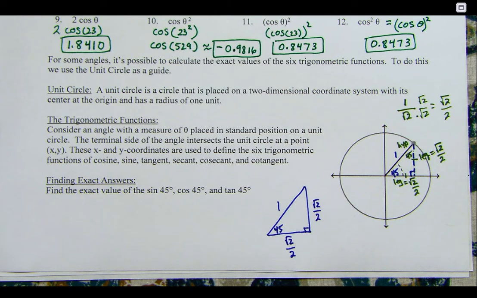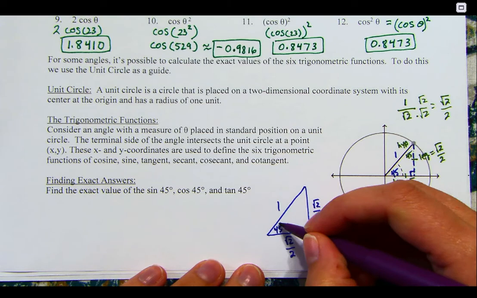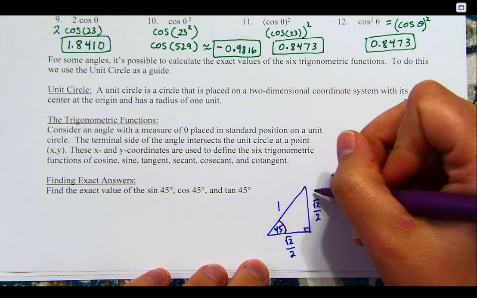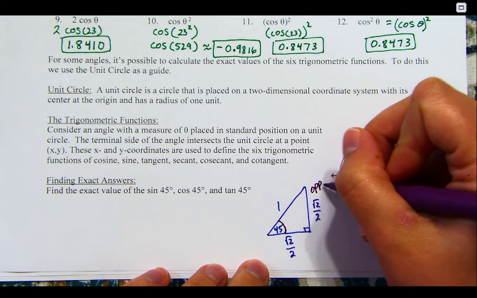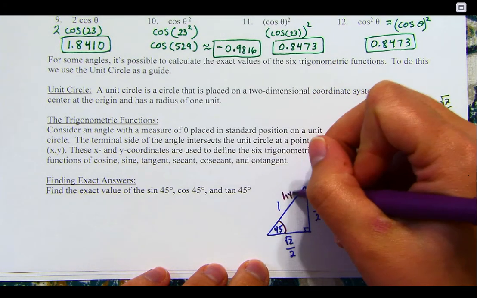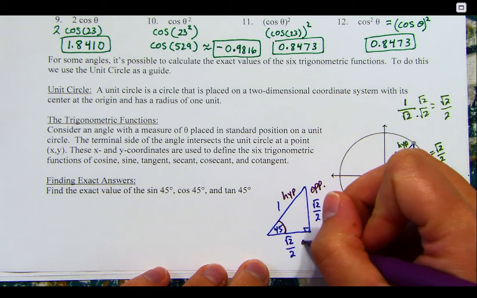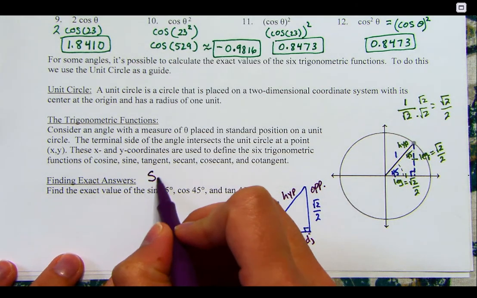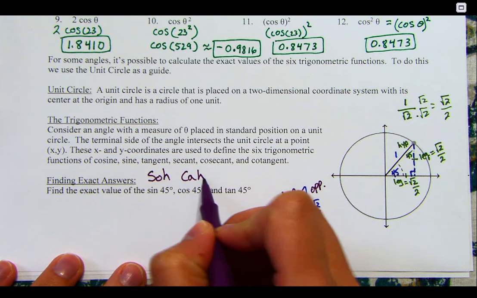Okay. Now, to find our exact values, this is just like solving our triangles. Okay, so this is the angle that I'm using. Okay, so now I have to use the opposite side, which is across from it. This is the hypotenuse because it's across from the 90, and then this is the adjacent side. So if you need to, you can write SOHCAHTOA again. So SOHCAHTOA.